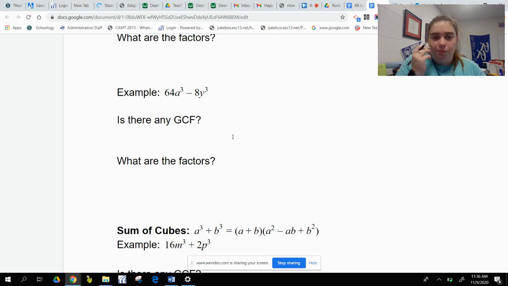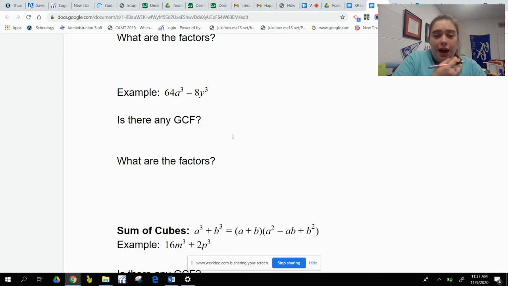All right, so for this one first, we probably are going to have a greatest common factor, right? So let's see what we got. I don't think we're going to have any variables that we can take out, but let's look at the coefficients. So what is the greatest thing we could take out? I think 8 does go into 64, right?